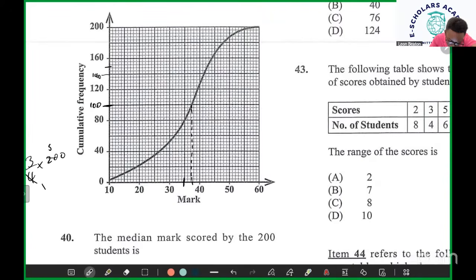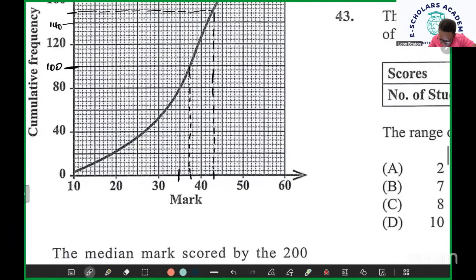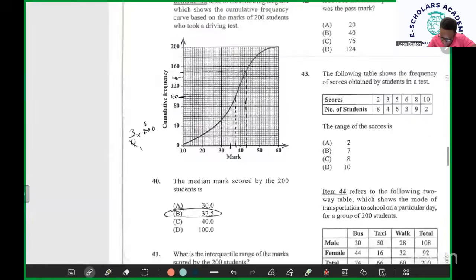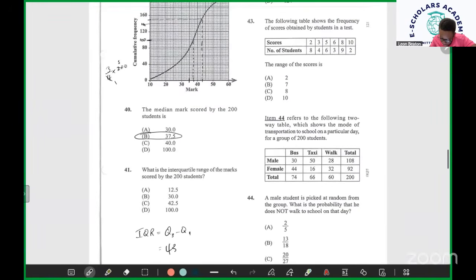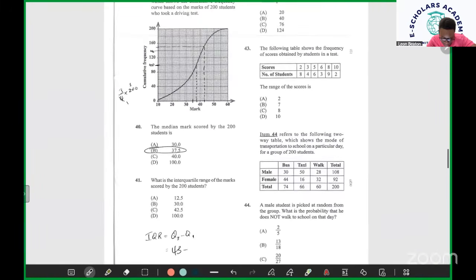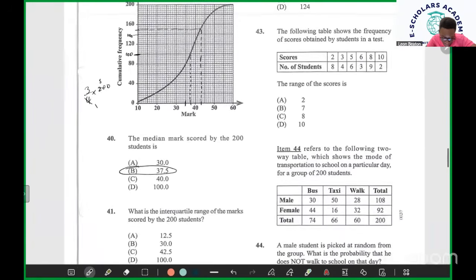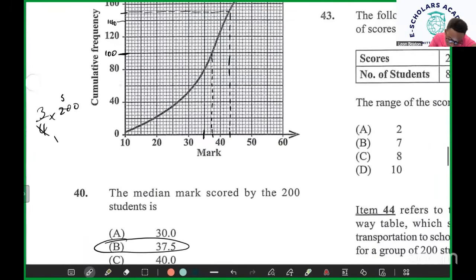So 150 will be right here. We come across all the way here and then we come down. You see, we get a nice line to come down. So that would be for Q3. Then subtract Q1. Q1 would be 50. Here is 60, so 50 would be right in the middle here. So we come across and then we come down.